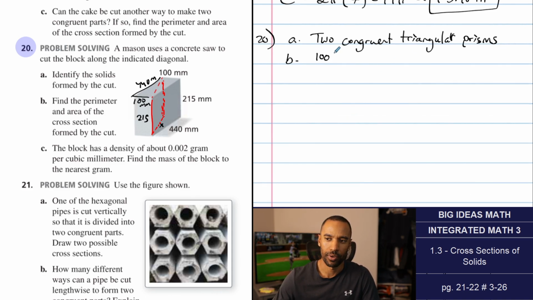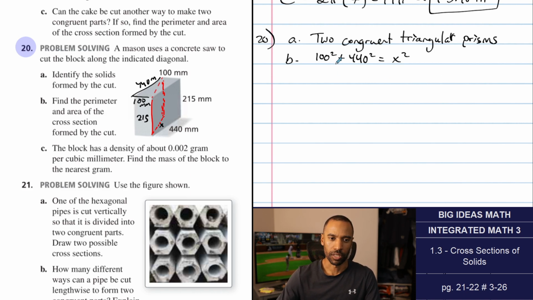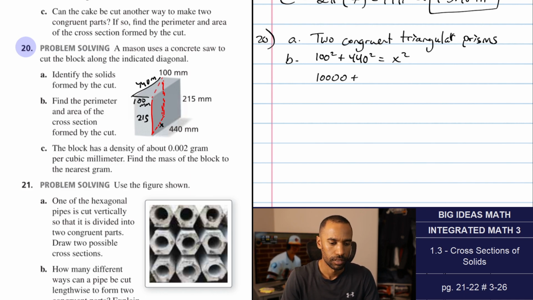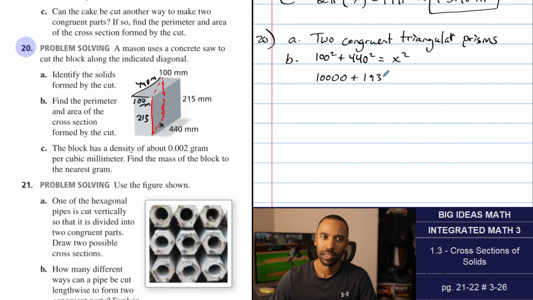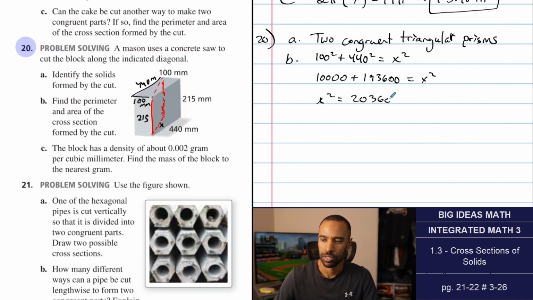So we get 100 squared plus 440 squared equals X squared. That's 10,000 plus 440 squared, which is 193,600. So X squared is 203,600. Let's hope this has a clean square root.